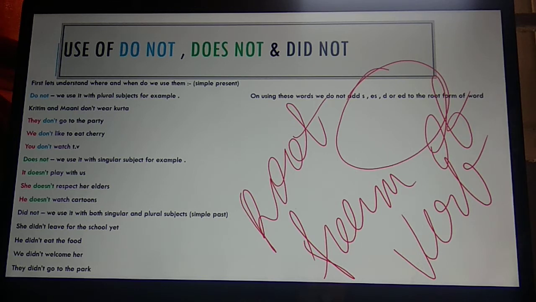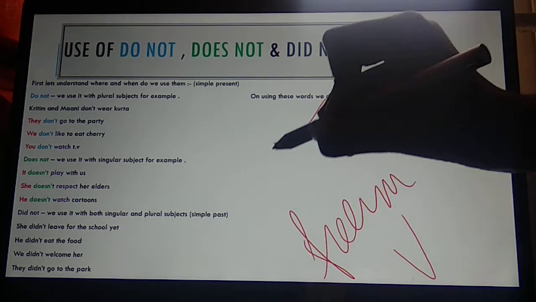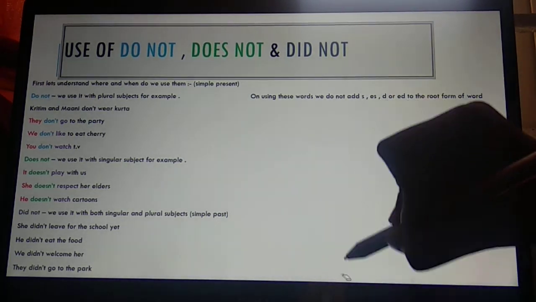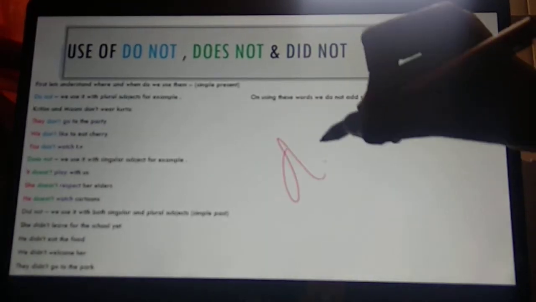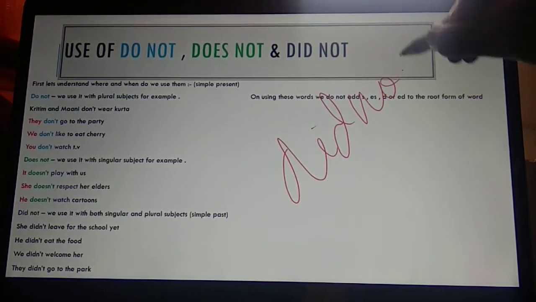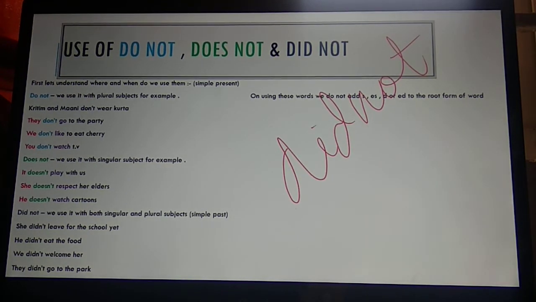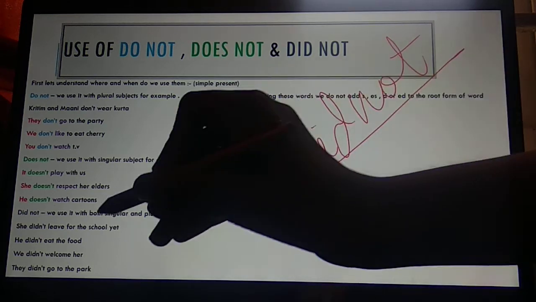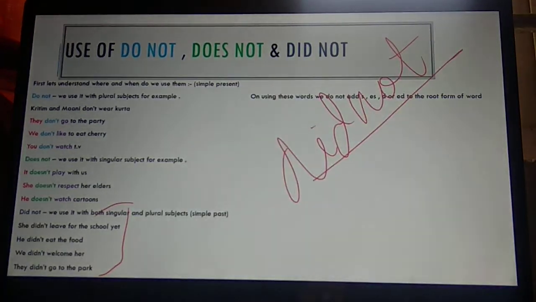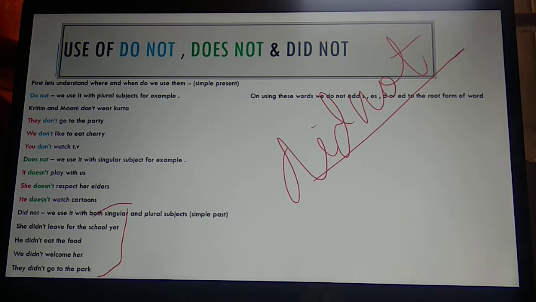Now also one more thing you need to remember, that whenever we use did not, the present form of verb is gonna come. We are gonna write the present form of verb, not the past form of verb. Like you can see here, I haven't used any past form of verb. I have used only the present form of verb because this is a rule.